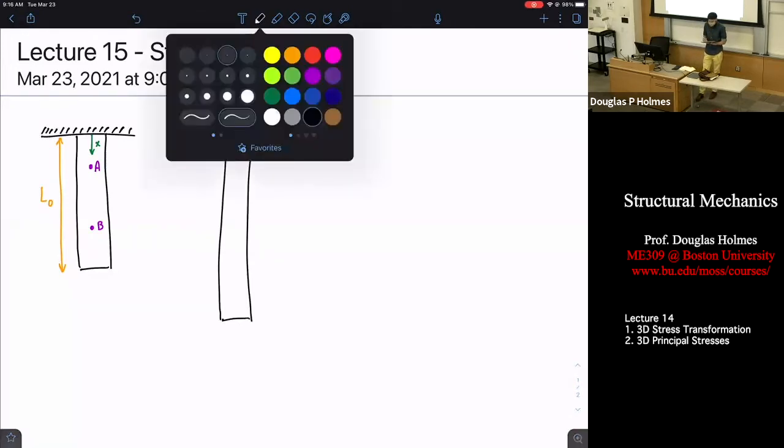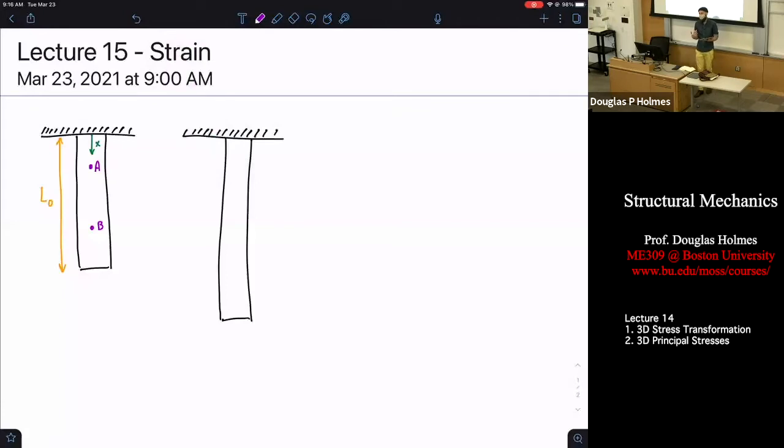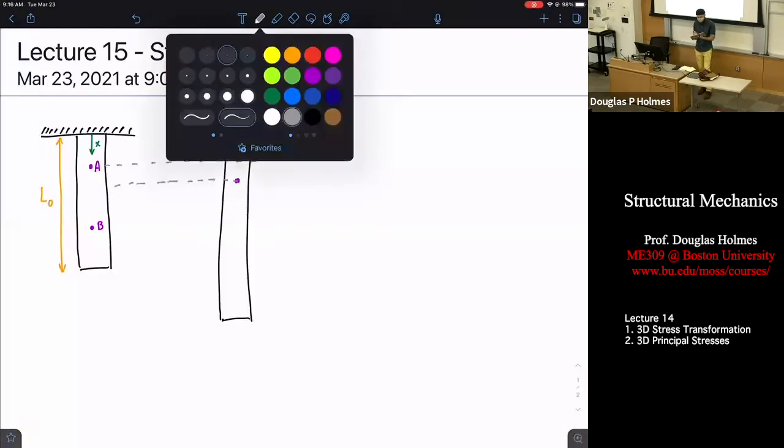And we're going to see that these points are going to move. There are going to be two types of movement between these points. For one, point A itself is going to move. It's going to move down a little bit. And we can denote that amount of movement with a displacement.